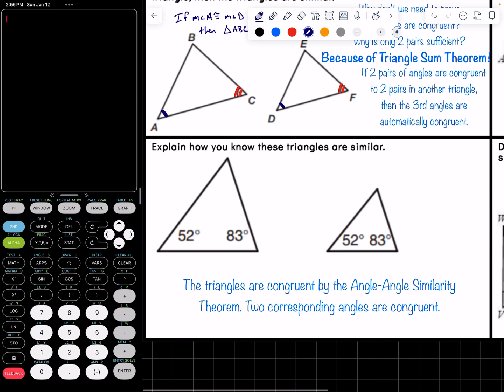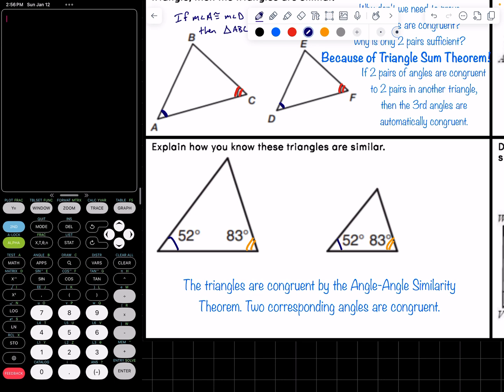So in this case, down here at the bottom, explain how you know these triangles are similar. They're similar by the angle-angle similarity theorem. We have two corresponding angles that are congruent. We have a 52-degree angle in both, as we can see here, and then we've got an 83-degree angle in both, which we can see there. I'll actually do it on the inside just to make it a little bit cleaner.